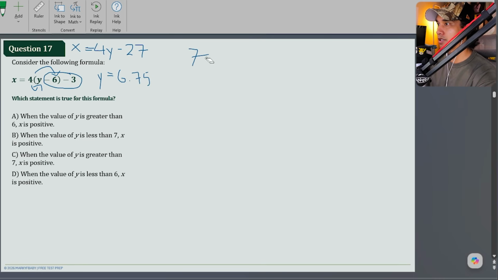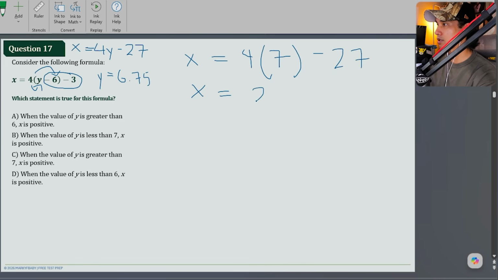So I'm going to make x equal 4 times 7 minus 27. X is equal to 24, not 24, 28 minus 27. And then x is equal to 1.